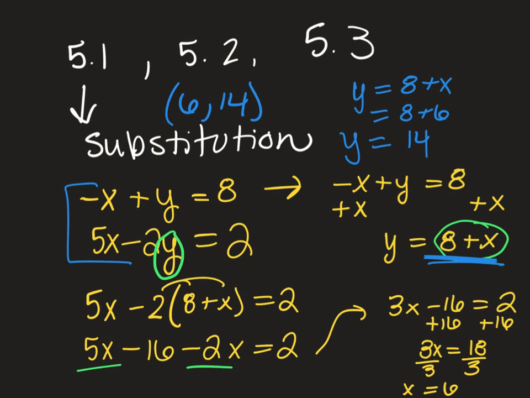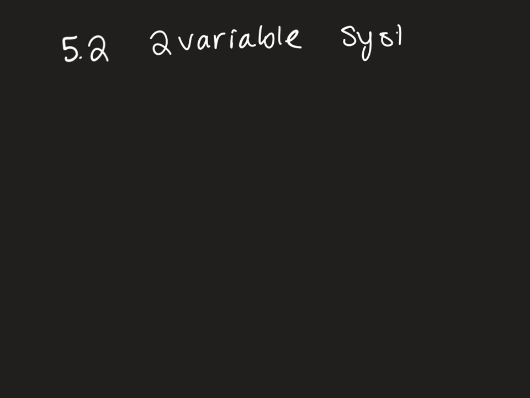Okay. Then 5.2 is elimination. All right, so I think we've all gotten pretty good at elimination through dealing with these two variable ones.